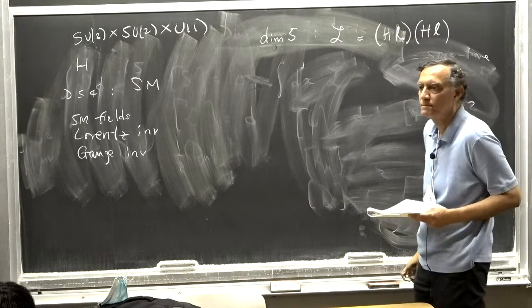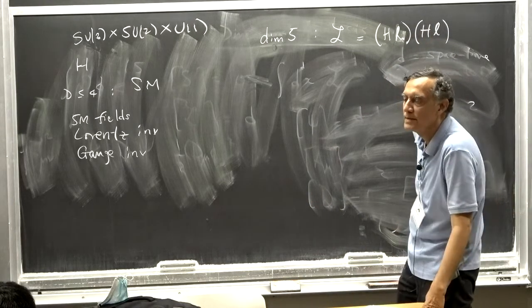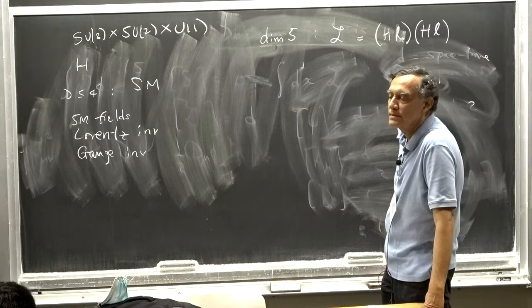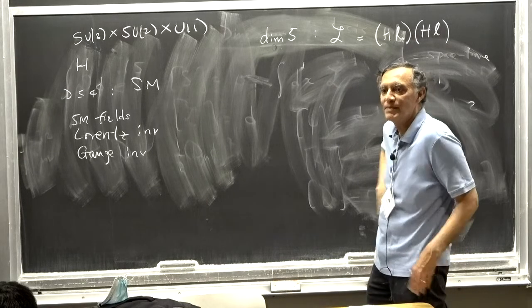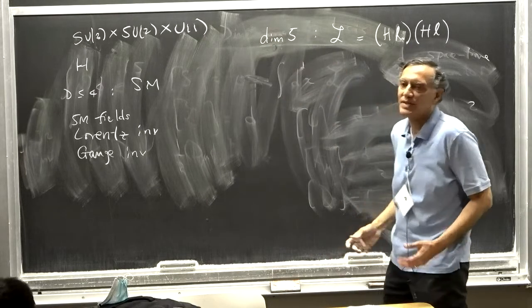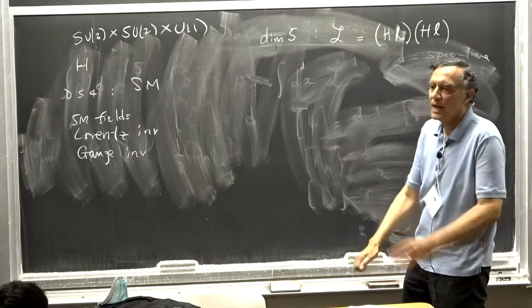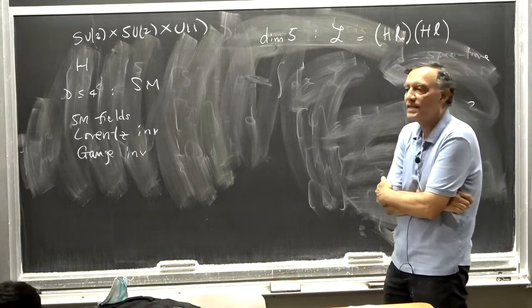So I see in all of your examples, our first step is to write down these higher dimensional operators. I don't think I'm appreciating the direct connection between writing down those higher dimensional operators and then moving to an EFT. That is the EFT. Because here, what are we doing? We're saying there's some new physics. I don't know what it is. I don't even know what scale it's coming from.